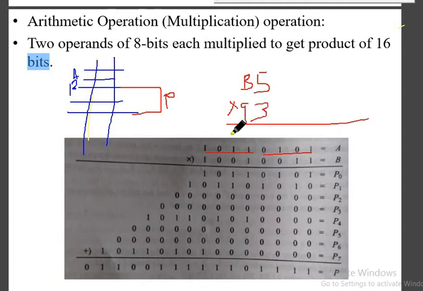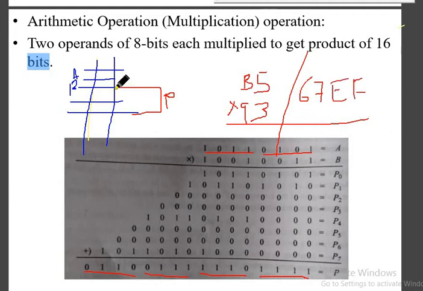Okay, so the answer will be 16 bits. This is how we will get it. Now the answer is somewhere F, E, 7, 6. So I will write the answer as 67EF.